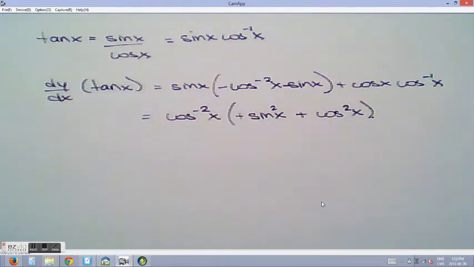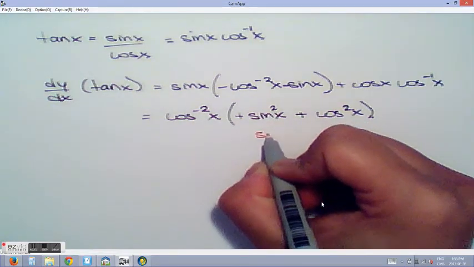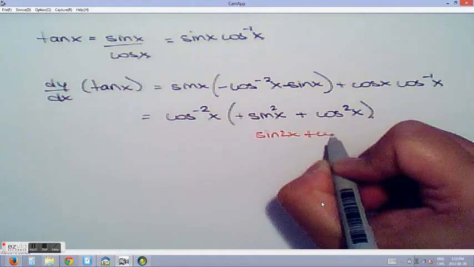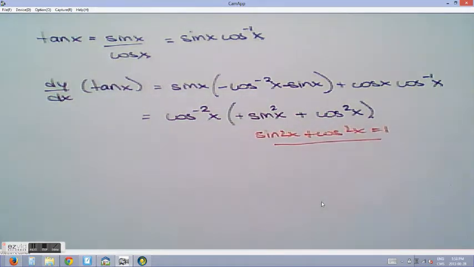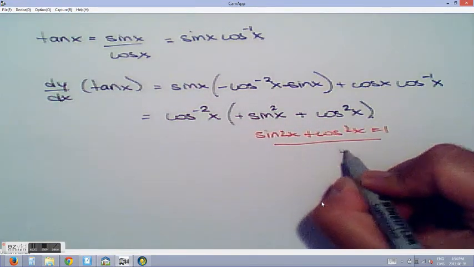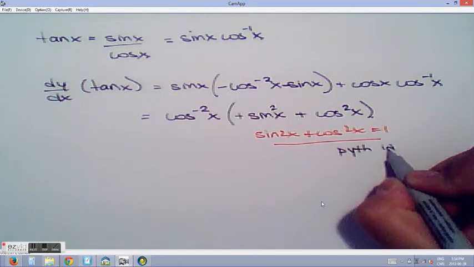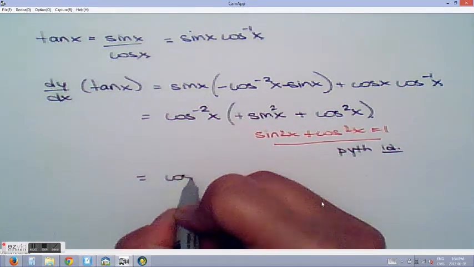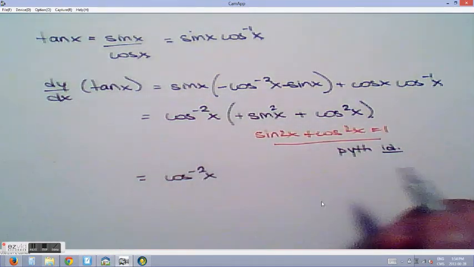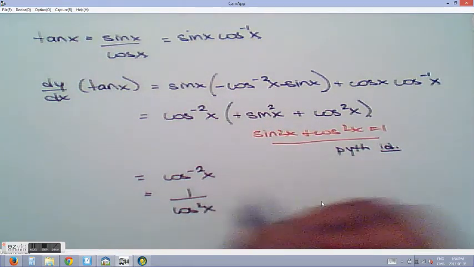So look at this here. What does that look like to you? So what we have is sine squared x plus cosine squared x is equal to 1. That's our Pythagorean identity. So I'm going to replace that entire bracket with 1. So here what we're going to be left with is cosine to the negative 2 of x, which is the same thing as 1 over cosine squared x.